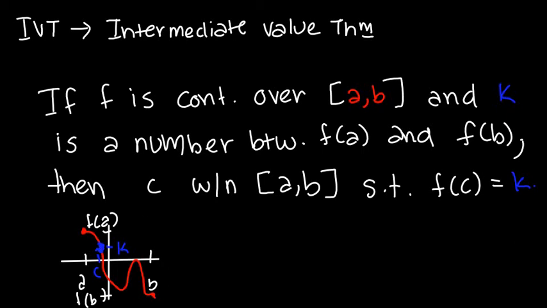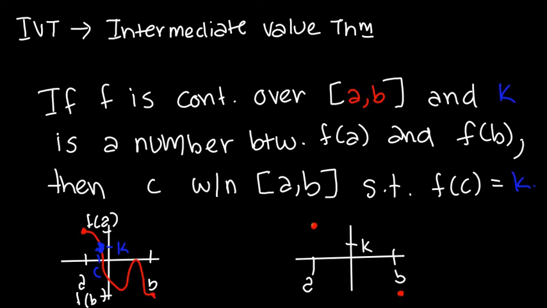But what if we had to make sure that it does not equal k? How can we do that? So we have a, we have b, we have our curve, and let's pick our k value, which we want to skip. We start at f of a and end at f of b.